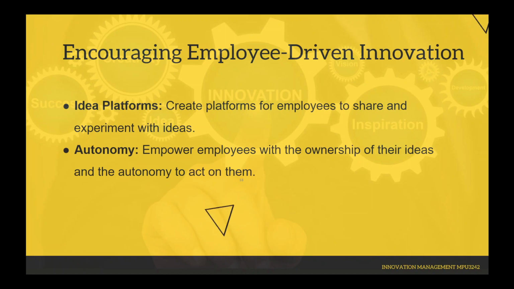And the second one, we can create autonomy, where it will empower the employees with ownership of their ideas and the autonomy to act on them, as Google implements. We see that Google has given 20% of their time for the employees to work on their innovation. We also see that in Petronas.